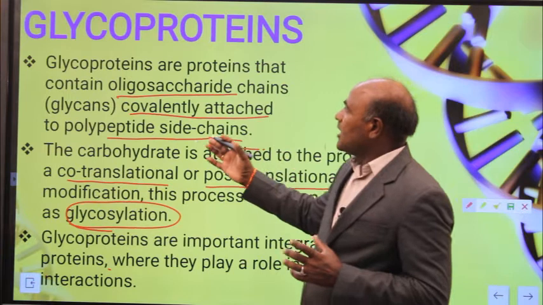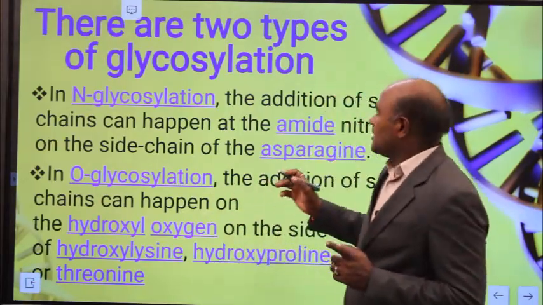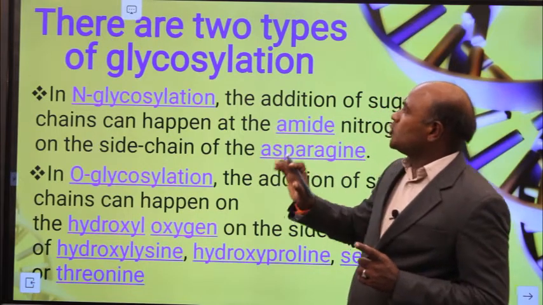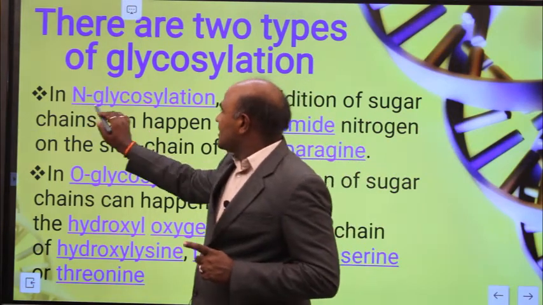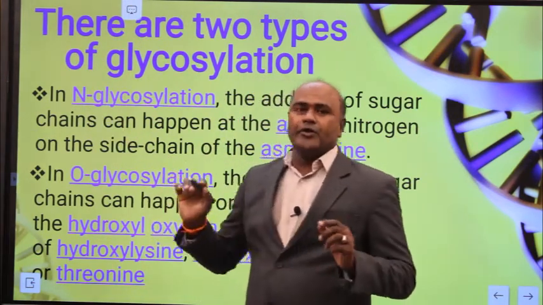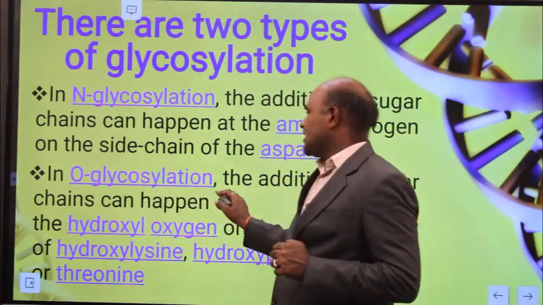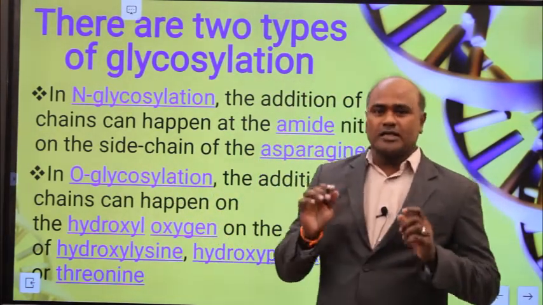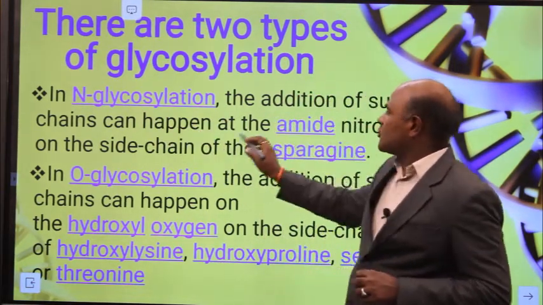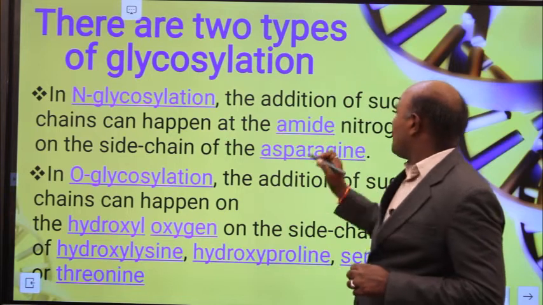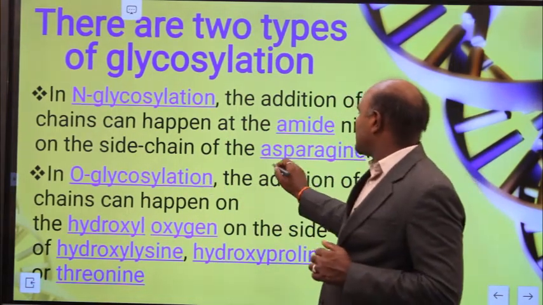So these are glycoproteins. There are two types of glycosylation. One is N-glycosylation, N meaning nitrogen, and the other is O-glycosylation, oxygen. In N-glycosylation, the addition of sugar chains can happen at the amide nitrogen on the side chain of asparagine.